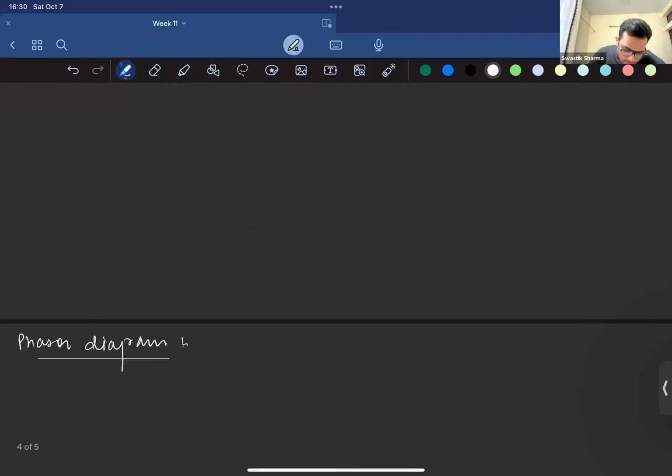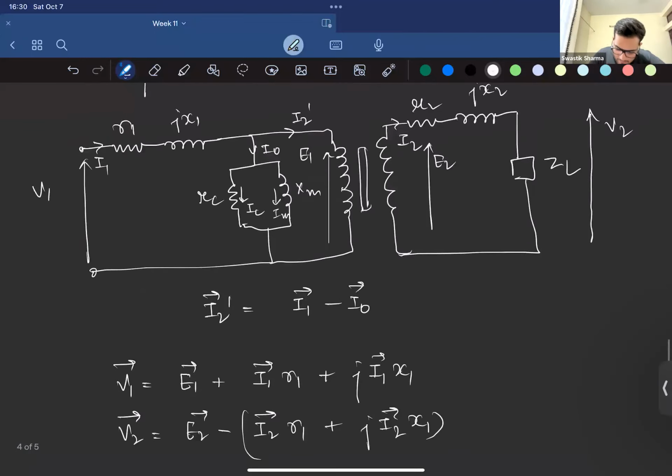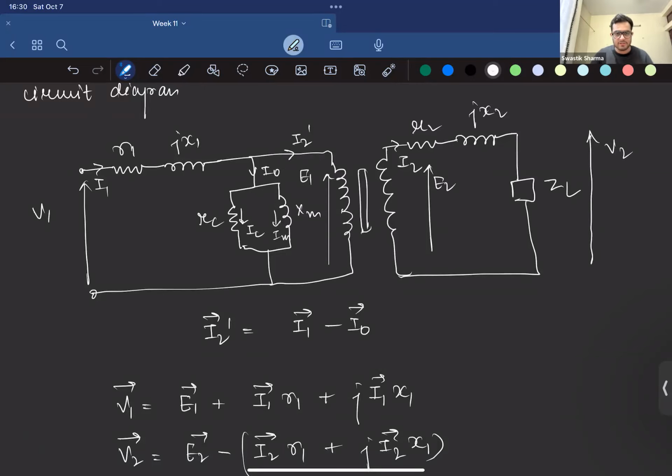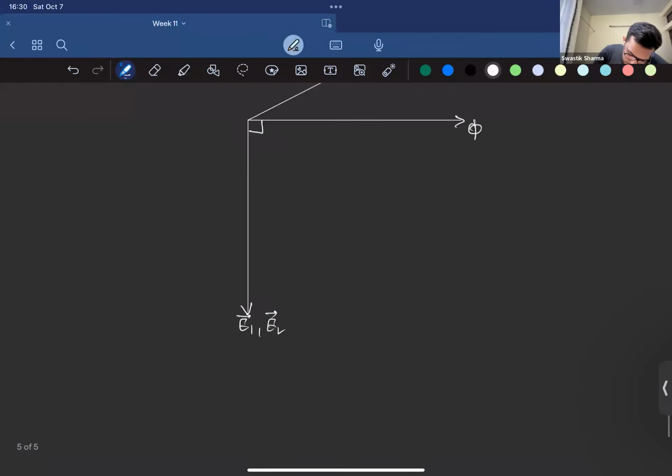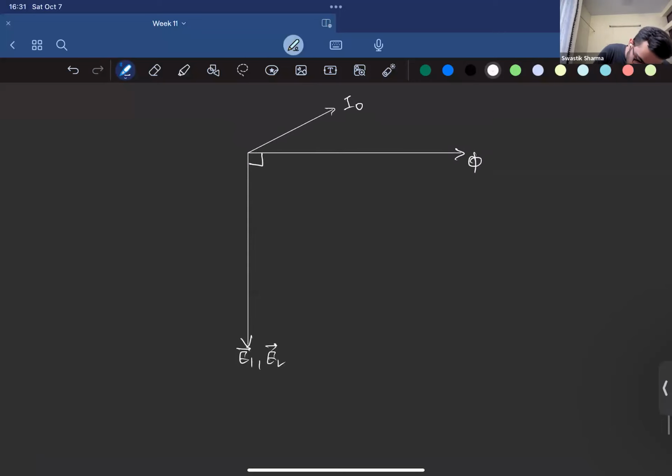Now, let's talk about E2 first. We know that since the secondary side is inductive in nature, the I2 current will always lag. So the I2 is lagging.